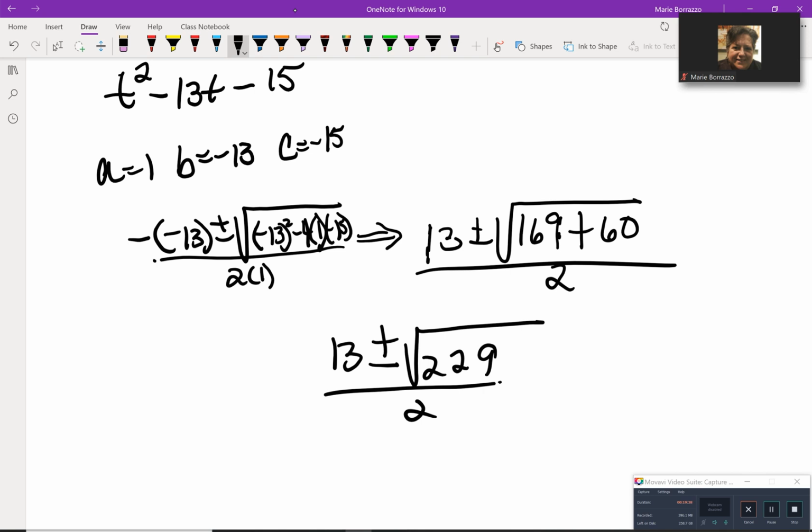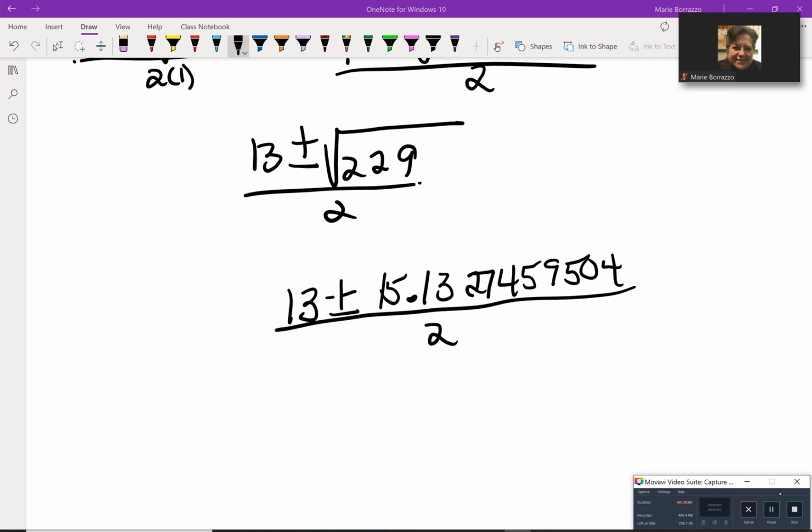My confidence is waning. So if I take the square root of 229, does that give me a number that I can use? It does give me 15.132. Let me see if I can pull out a perfect root from that.